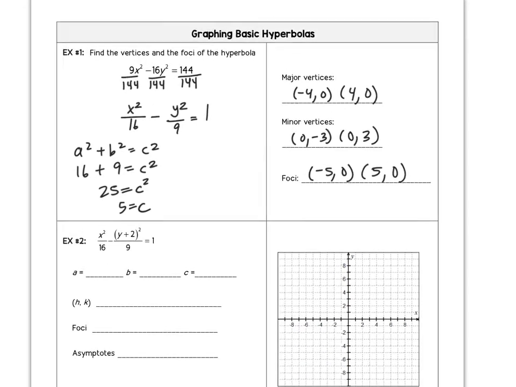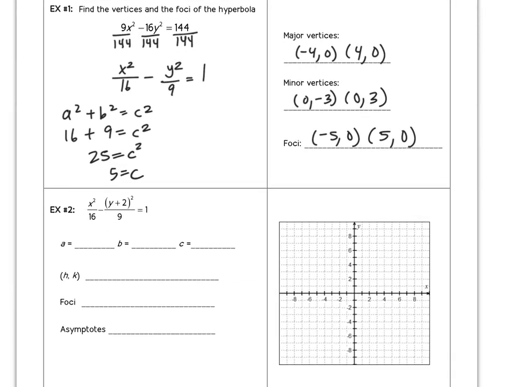Let's look at example 2. We're actually going to graph this one. If they give us the equation, and notice it's in the proper form, then I know that a has to be 4, because remember that's the square root of 16, which is 4. B would have to be 3, so then I have to solve for c. Well, that's the same thing as what I just did, so I know that's 5.